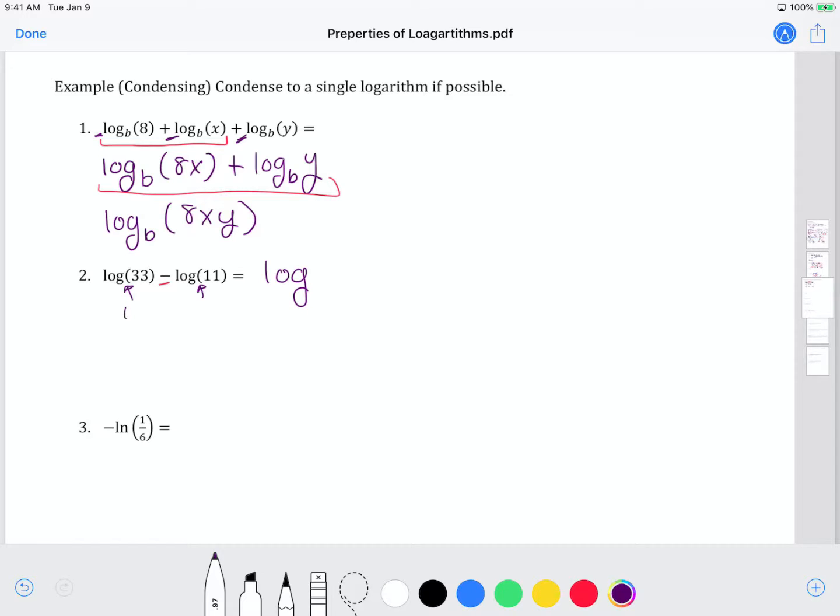We know if it's not written in there, it's assumed to be base 10. So my bases are the same. And so I'm going to rewrite this as 33 over 11, which I can then simplify as log 3, because 33 over 11 is just 3.